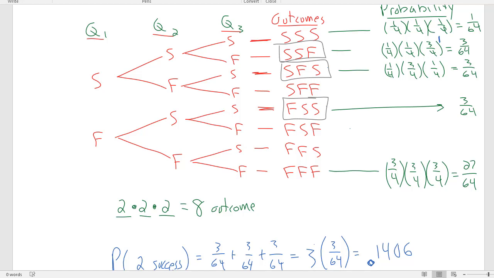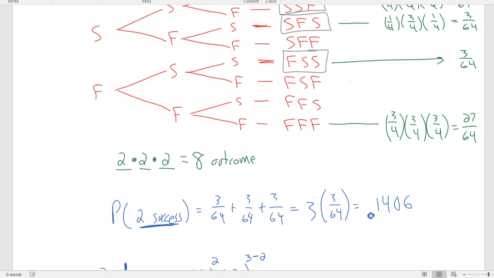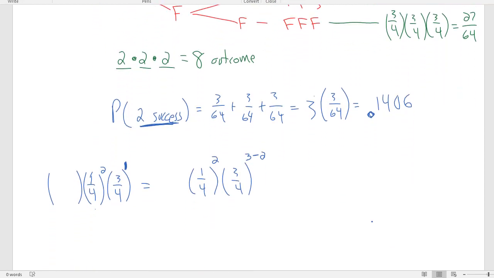So that's what our coefficient is, if you will, of my probability, right? So this coefficient right here is how many ways there are, in this case, of getting 2 successes, right? So for us, this was 3, and then I didn't really give myself enough room here.